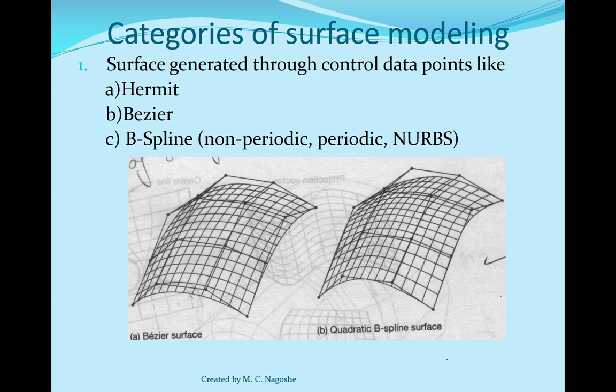Okay, so each vertex must be shared by at least 3 surfaces. This is the additional condition which is required to be a valid solid model.